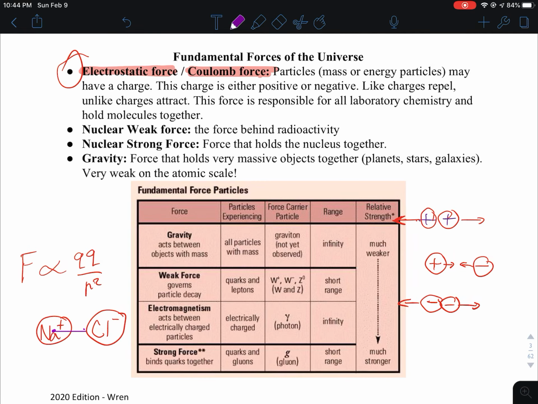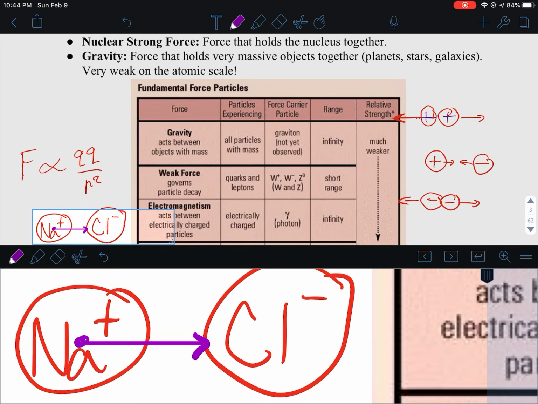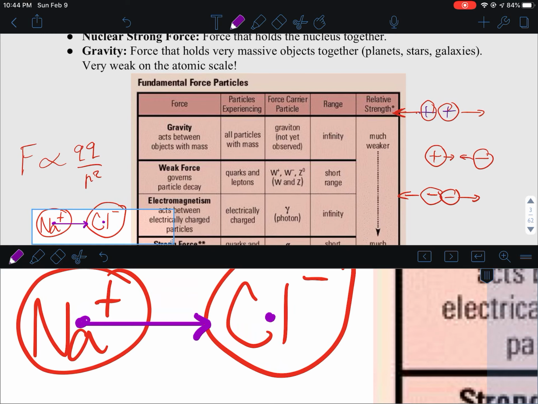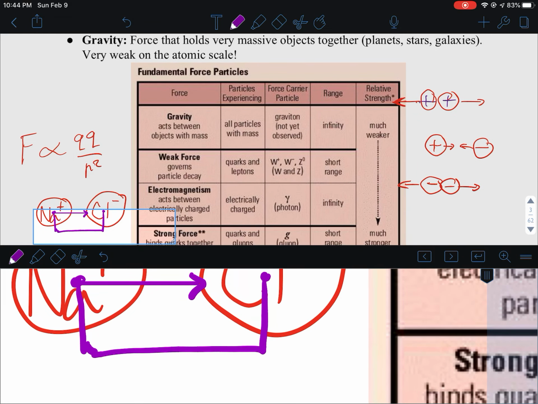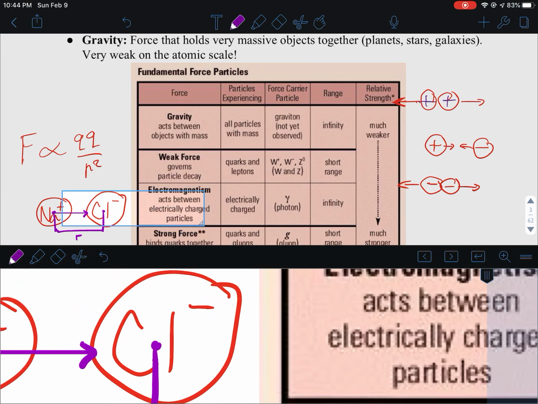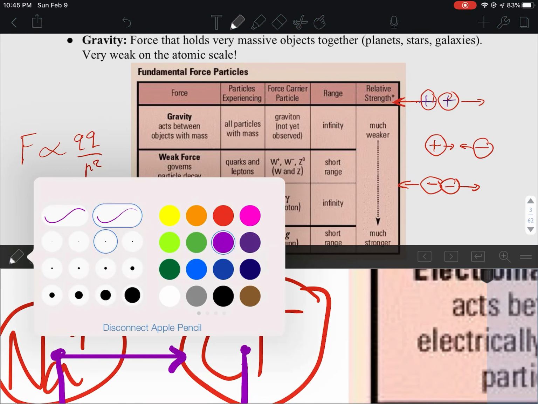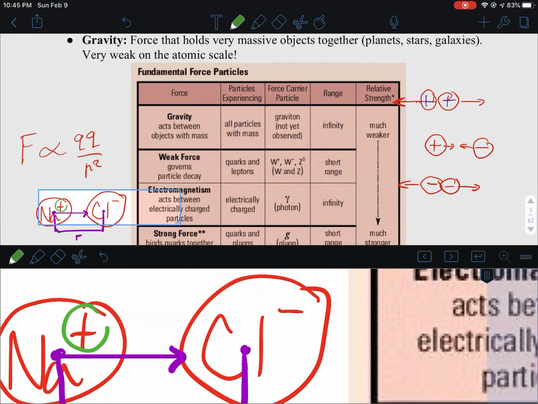So the force of attraction to this chlorine atom is based on the distance between them, the distance between the centers. This is the distance r, and then the magnitude of the charges. In this case the charges are plus 1 and minus 1.